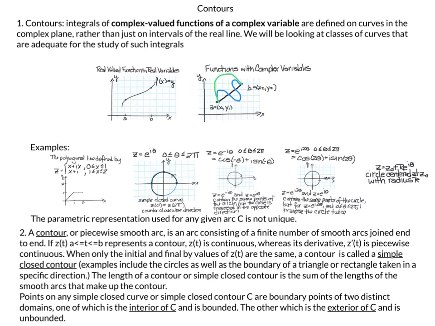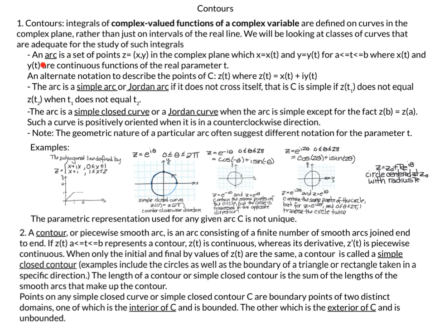But the idea is that now, when you integrate, there are many possible paths, and that's why we define integrals on curves. And these integrals on curves are exactly the line integrals you worked with in vector calculus.